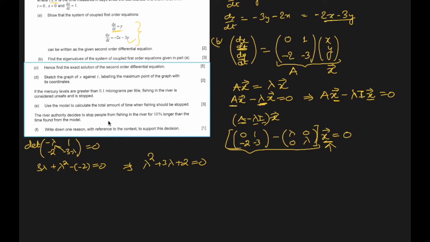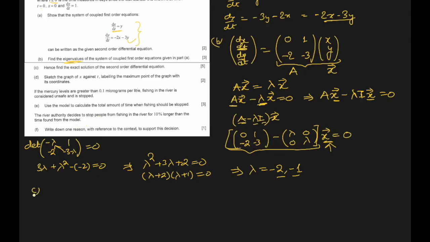Let me use the factoring method: lambda plus 2 times lambda plus 1 equal to 0. So we get two values for lambda, which are minus 2 and minus 1. These are the eigenvalues.